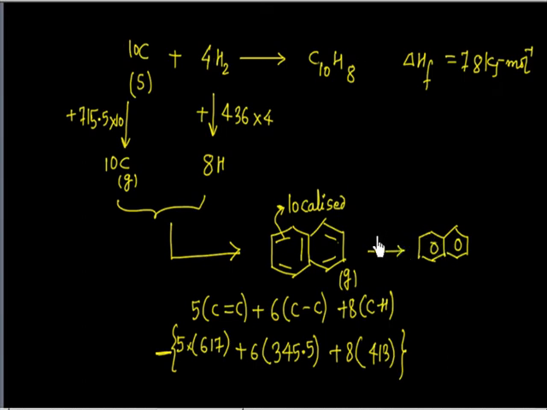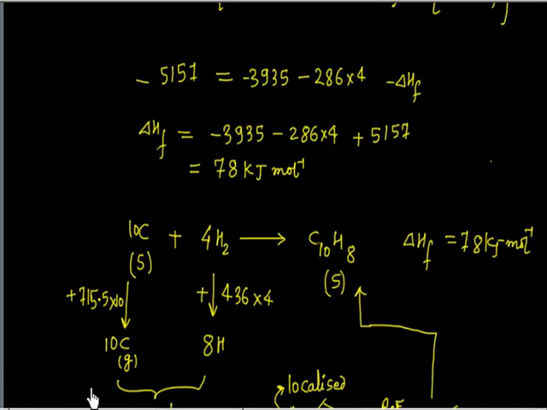So some amount of energy is again released. Let's say minus Re is the resonance energy released, but this is still in gaseous form. I have to get to the solid form. So some amount of energy is still released, because naphthalene is a solid and this is a gas.